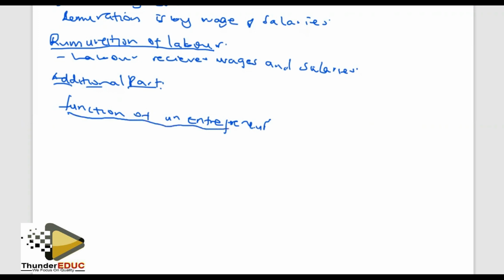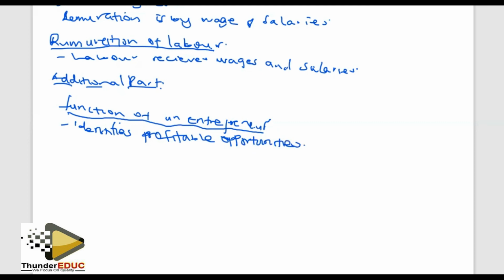This is a person who organizes the factors of production to make sure the production takes place. So basically, an entrepreneur identifies profitable investable opportunities, profitable business opportunities. That is good. This is entrepreneur opportunities.